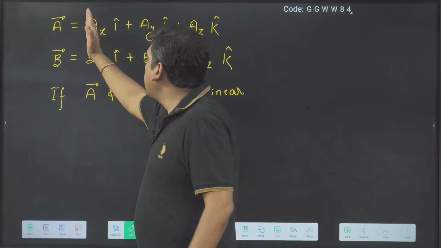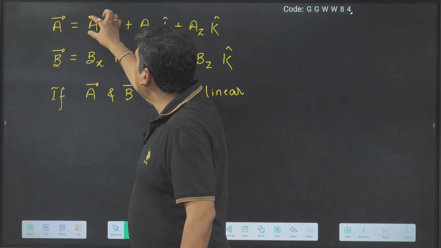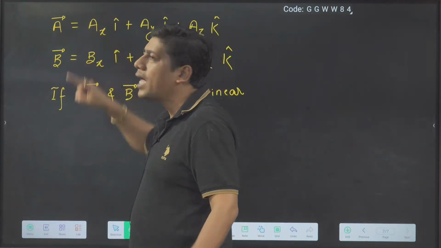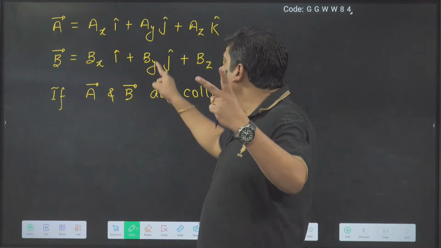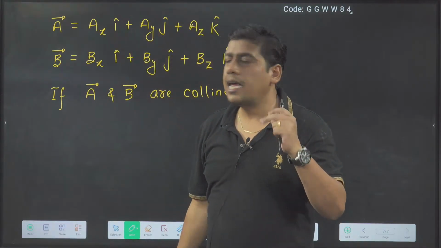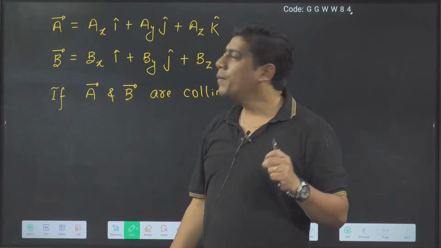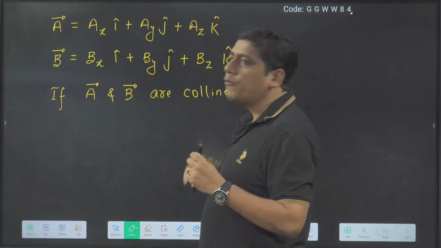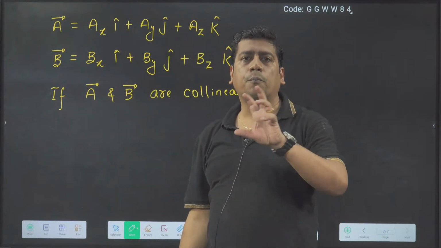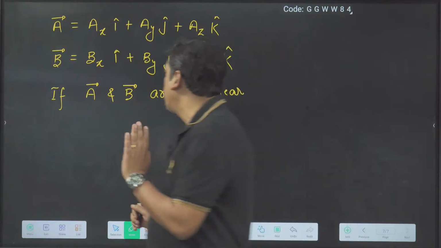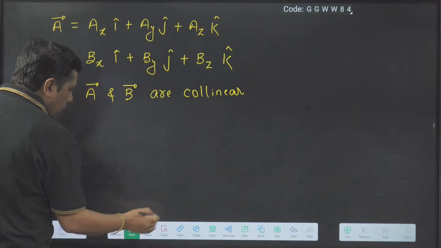So if you multiply 2 to the a vector, it will become 2ax. Means bx will be 2 times ax, by will be 2 times ay, bz will be 2 times az. It means the ratio of respective I cap component, J cap component, and K cap component will be same. I hope you understand this point.